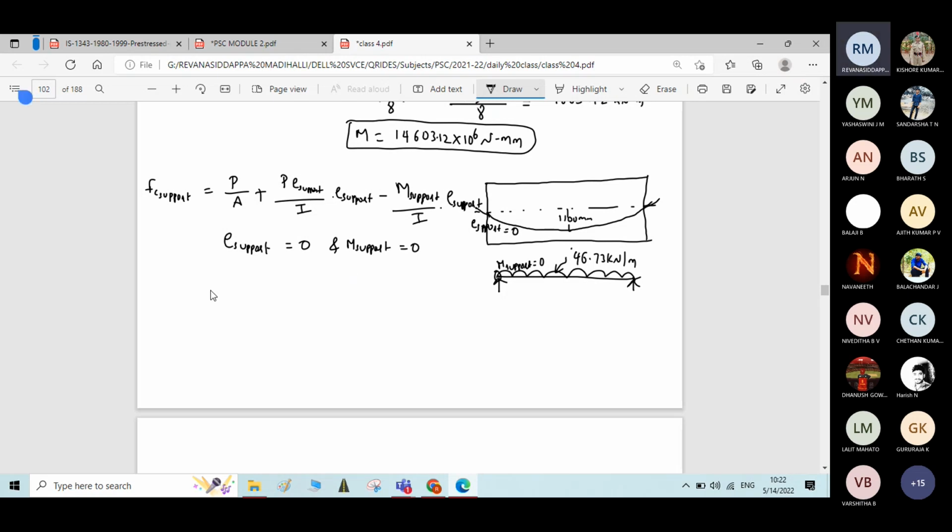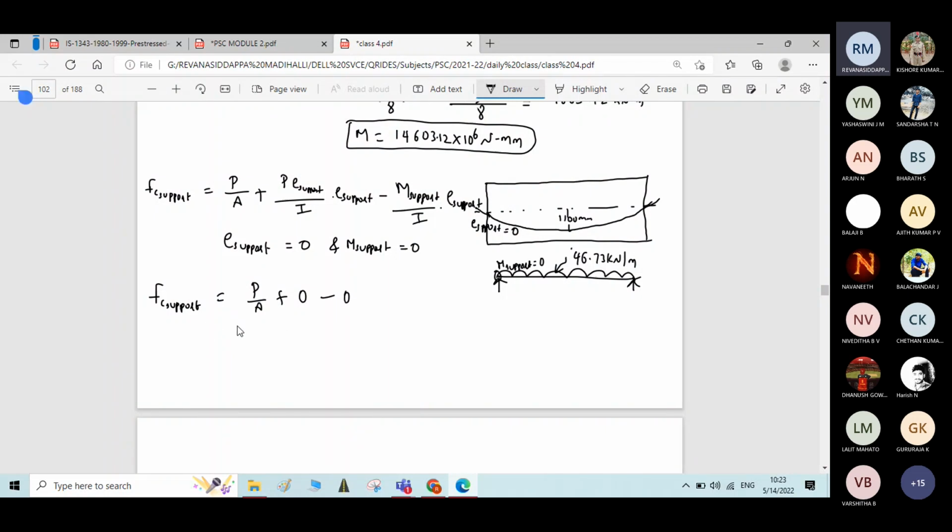Therefore, the above equation can be rewritten as FC support is P by A plus eccentricity at support is 0, so this term becomes 0, minus moment term, that is also 0.